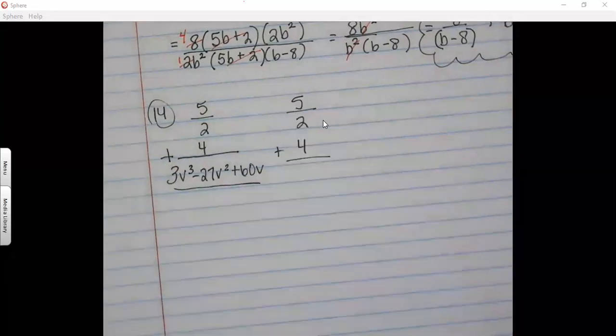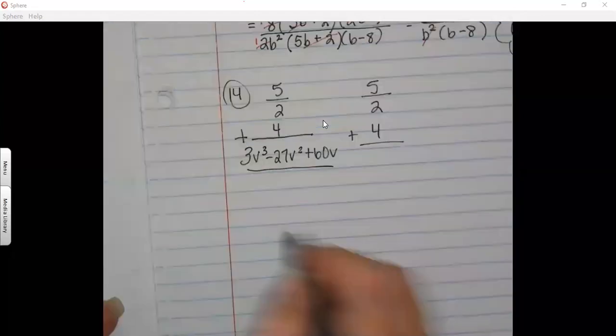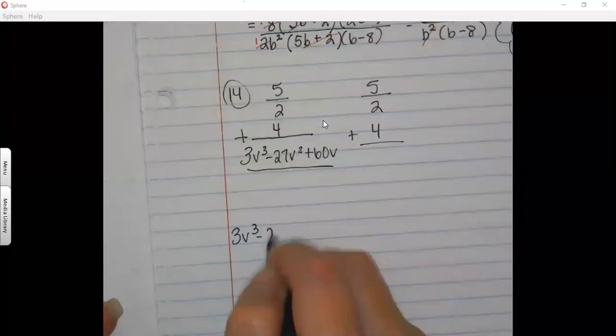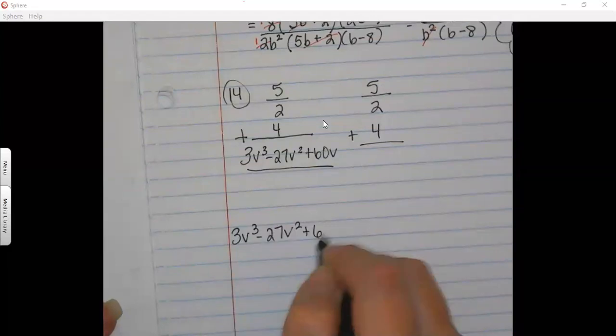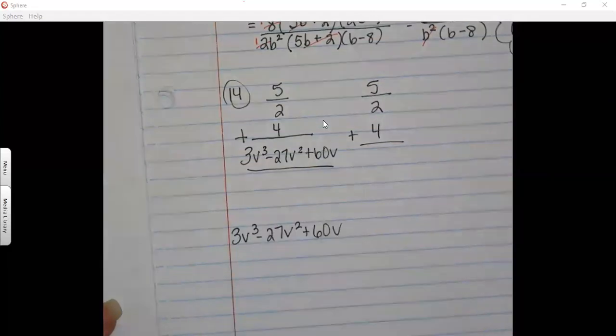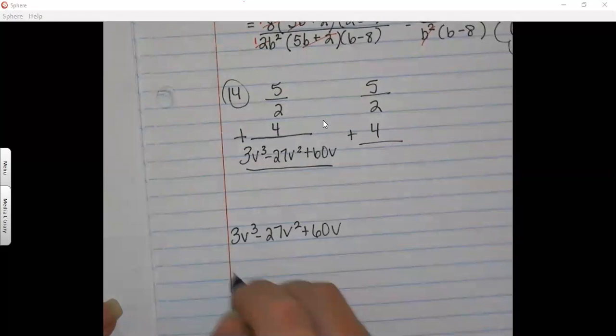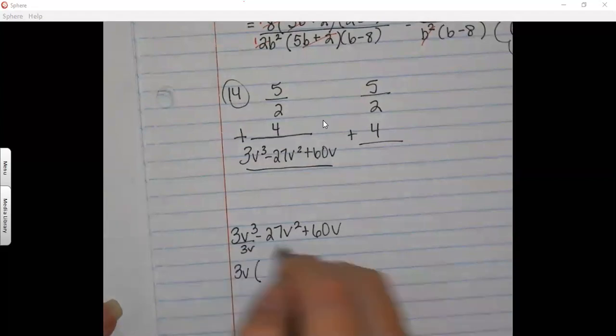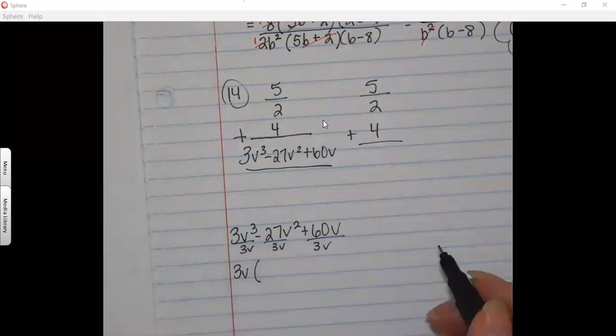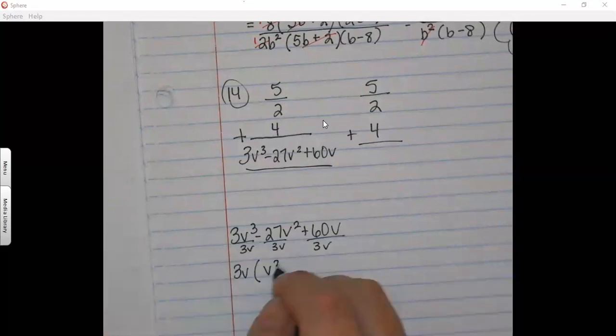So for 3v cubed minus 27v squared plus 60v, what's the greatest common factor? 3v. So if I factor that out, I get v squared minus 9v plus 20.